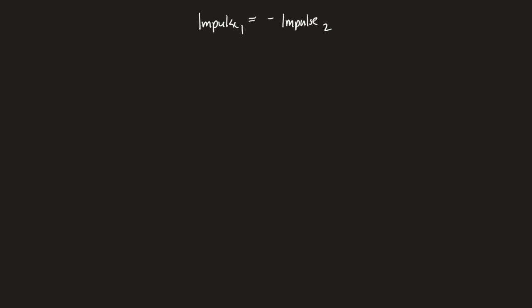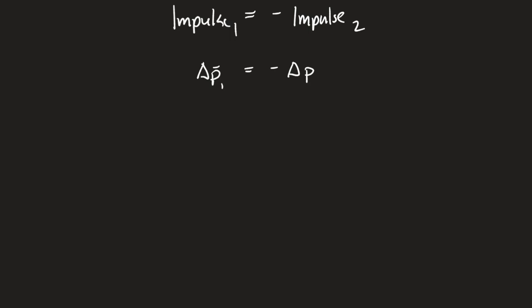If the impulse on car 1 is equal and opposite to the impulse on car 2, that means the change in momentum of car 1 has to be equal and opposite to the change in momentum on car 2. Good so far? Well, by definition, change in is final minus initial.